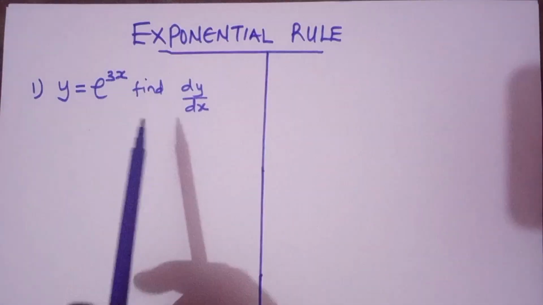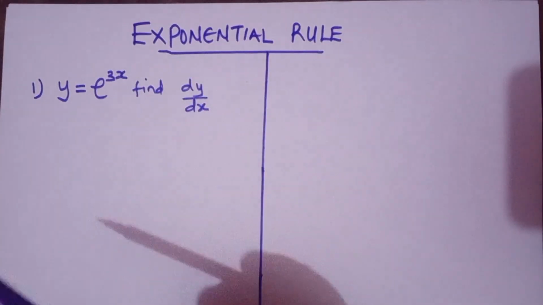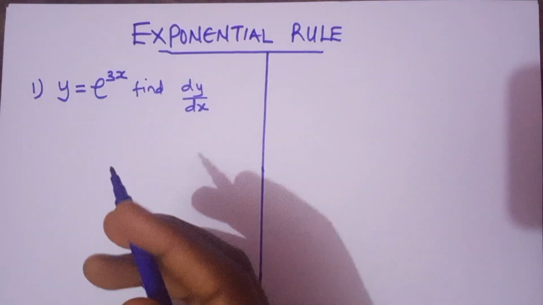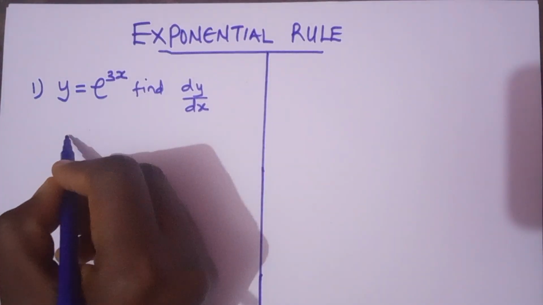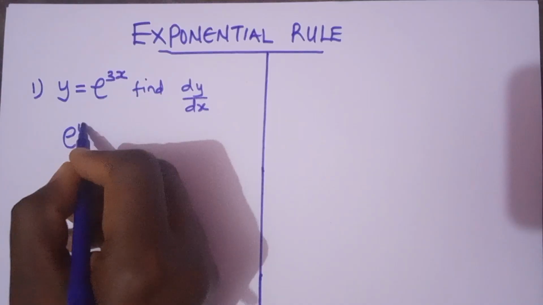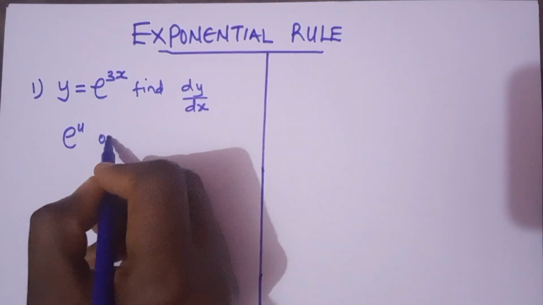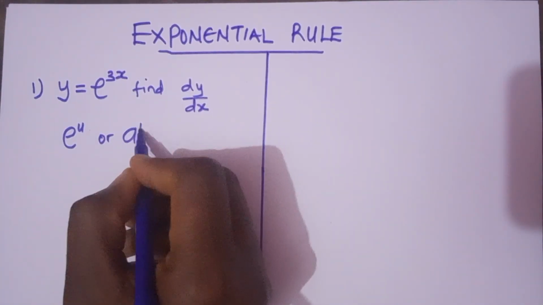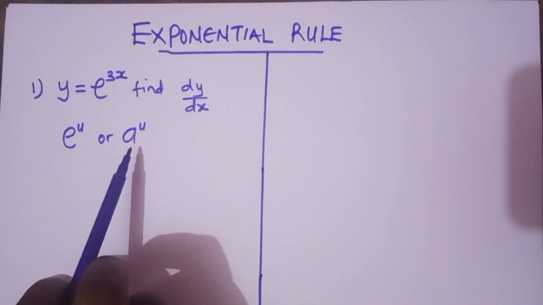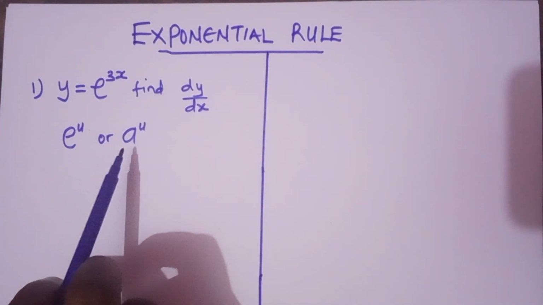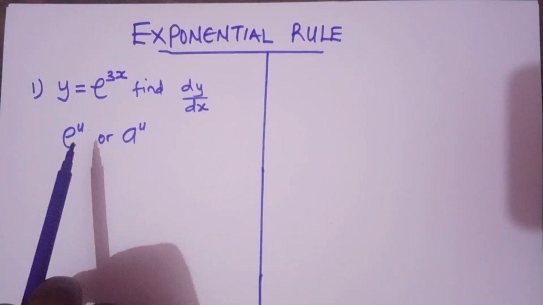So from this, exponential has to do with power. For example, if we have something like e raised to power u or a raised to power u, these two things are different, but they are under the exponential rule.